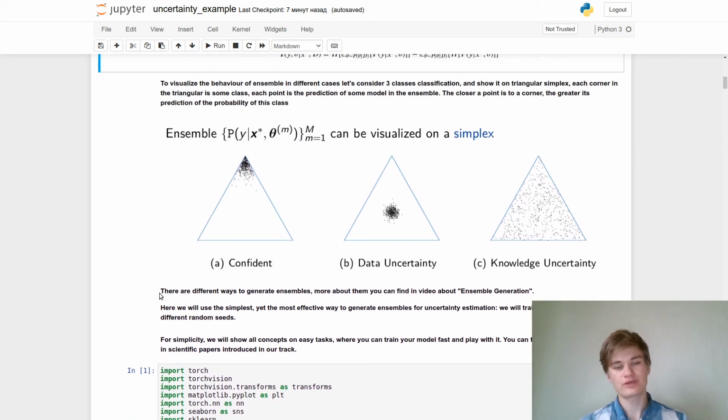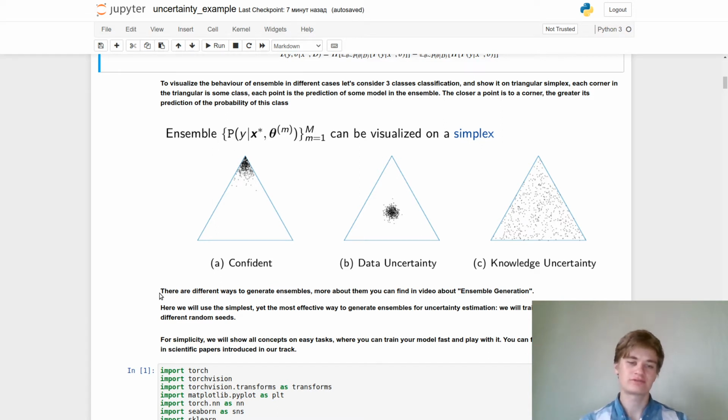There are different ways to generate ensembles. You can make them like we do in this work via different random initializations.